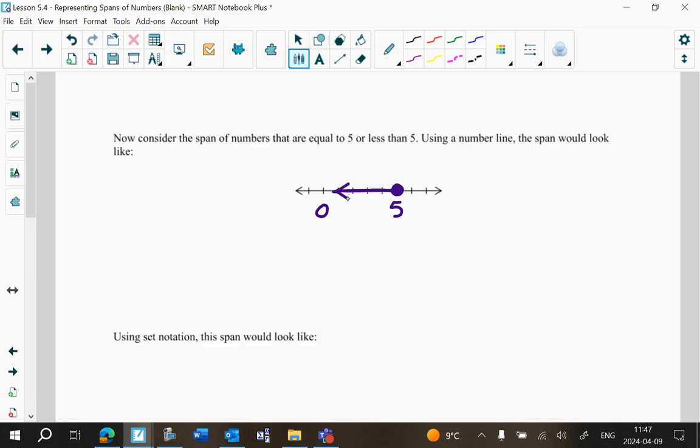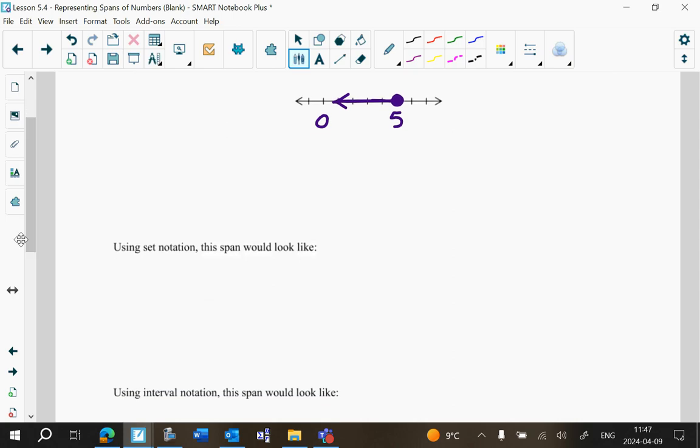Good. Set notation, that's the inequality symbols. Okay, so I want to say, any number x as long as it's less than or equal to 5. Well, exactly as I just said it, right? Any number less than or equal to 5.